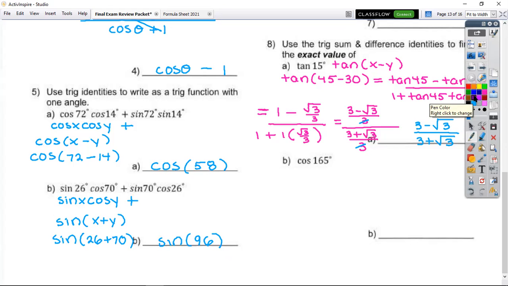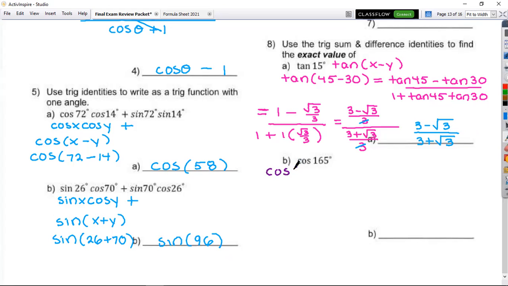So what you can do instead is I'm going to do cosine of 30, which is a special angle, plus 135. And the reason that 135 works is because 135 is over here. And what's the reference angle associated with 135? 45, yep. So you can still absolutely use those.